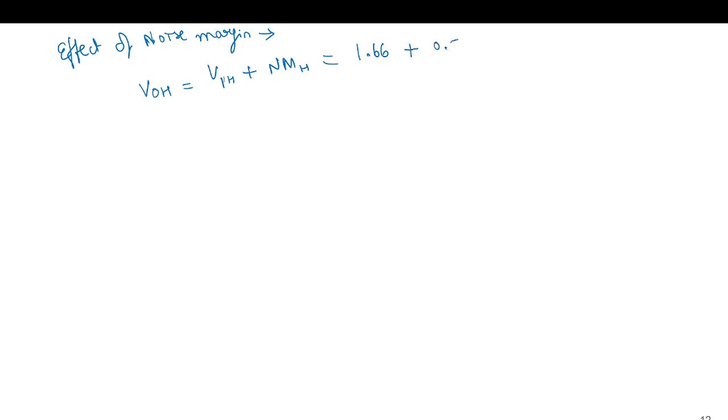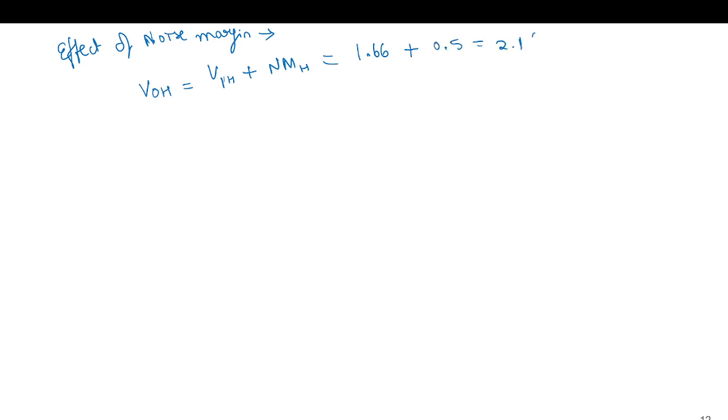And if you have some noise margin, then the number of gates will be reducing. So NF is here and then VO is here, and this will be as per the previous calculation.